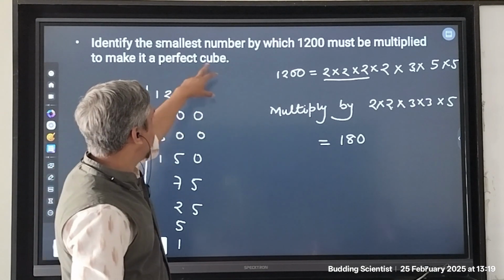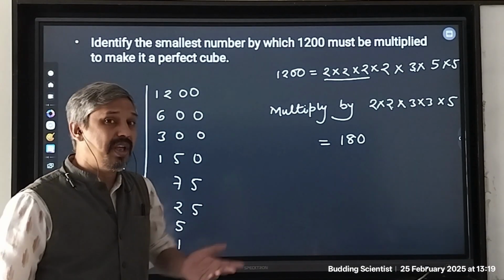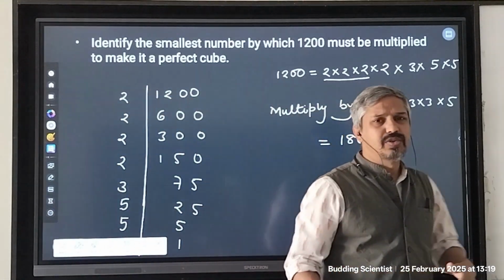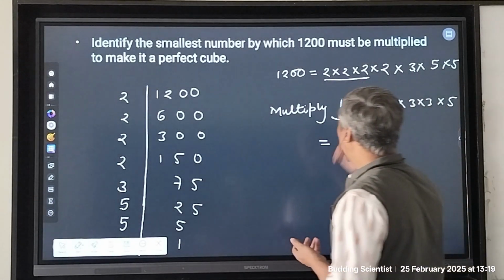What should be multiplied? In this case, it has not been asked to find out that number and then find out the cube root. So we can skip that. But I think why not find out the cube root?